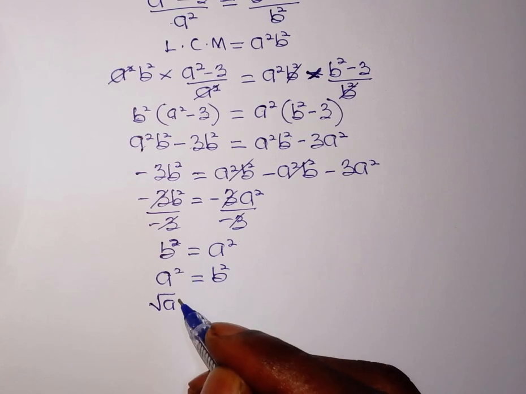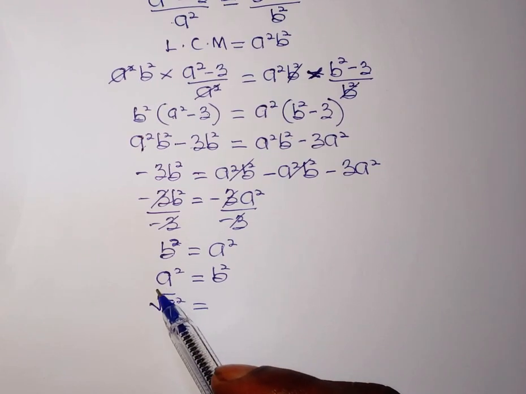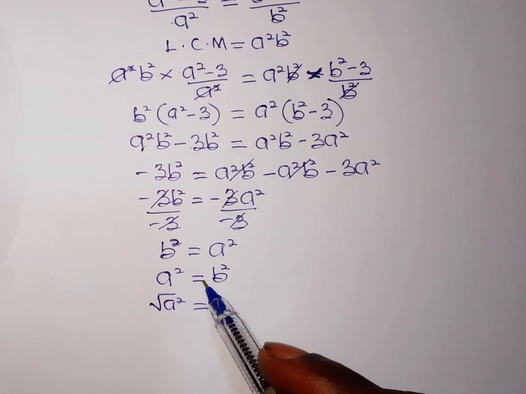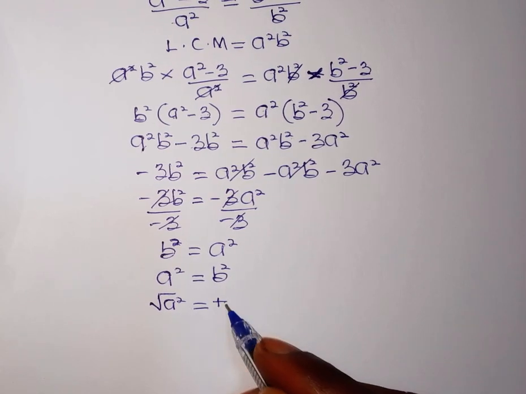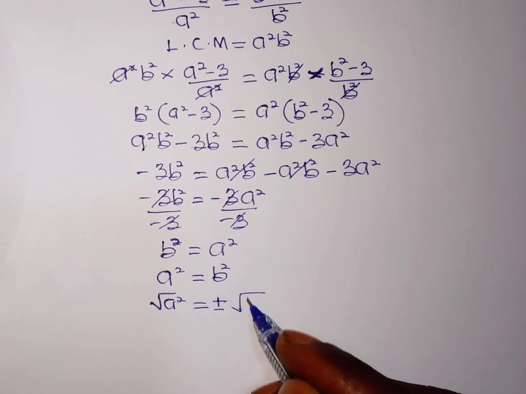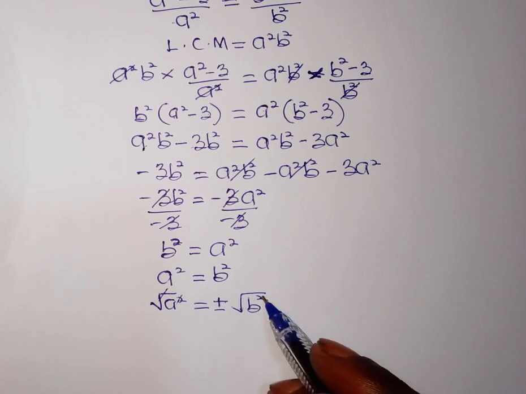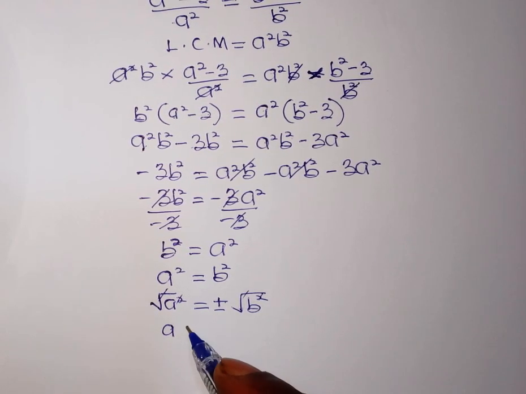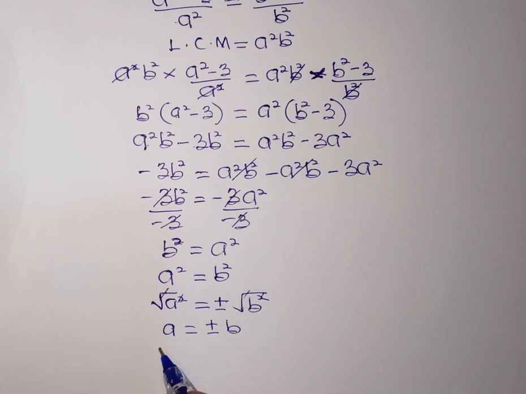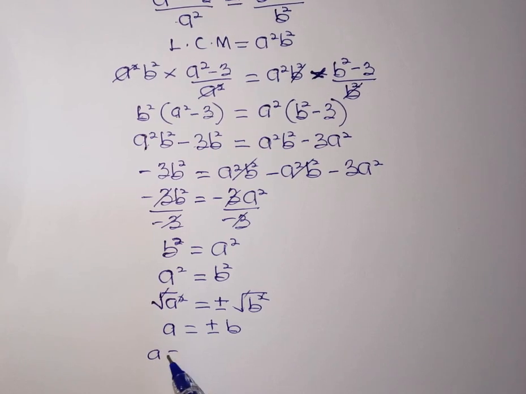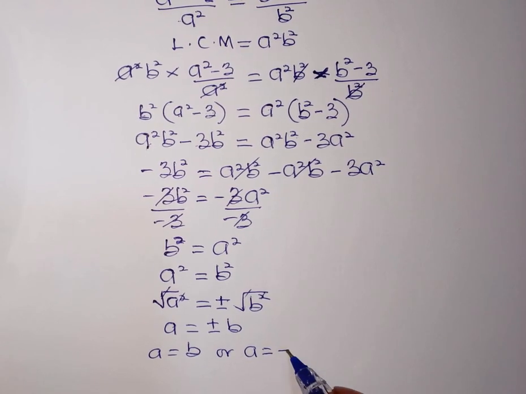Anytime you take the square root of both sides of an equation, it becomes plus or minus the square root of b squared. Alright, so that one will go and then this one will go. We then have a is equal to plus or minus b. This suggests that a is equal to positive b or a is equal to negative b.